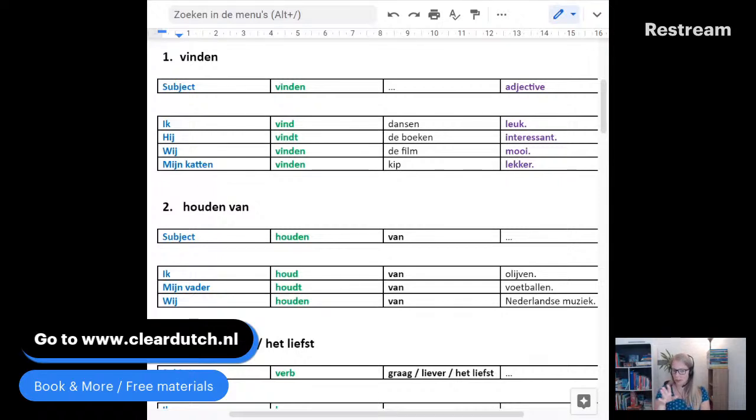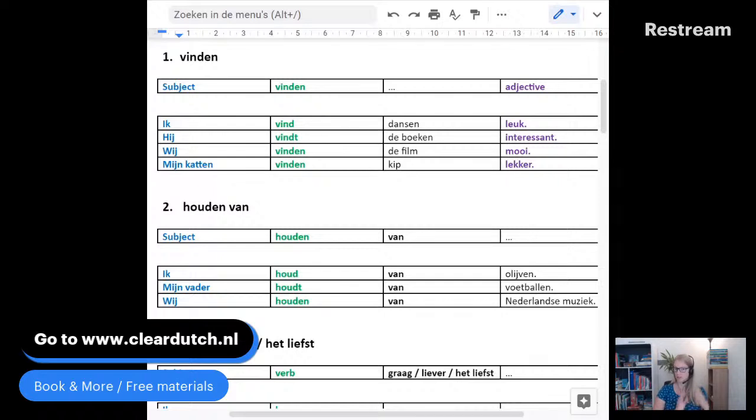So if you don't use van, it means to keep. So if you say ik houd van kip, then it means I like or I love and am fond of chicken. If you say ik houd kip, it means I keep chickens. So I'm keeping them or I'm having them. So it's a different meaning. So you need the word van always with this meaning of houden.